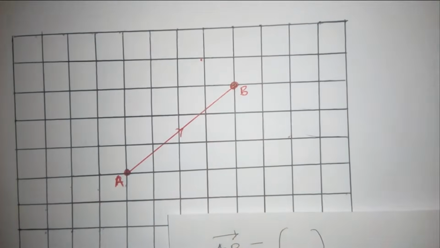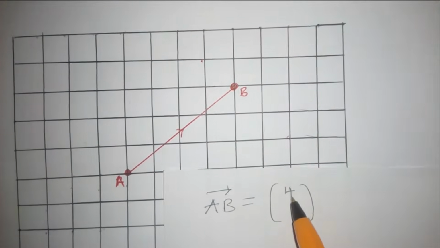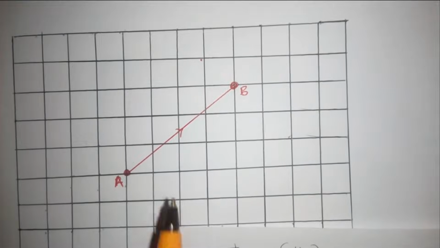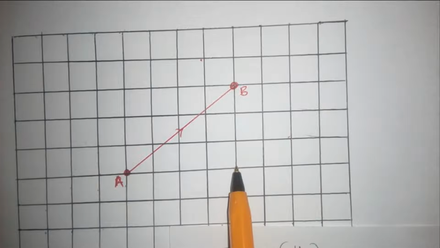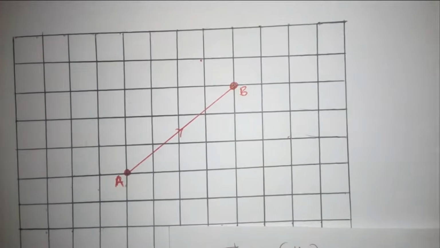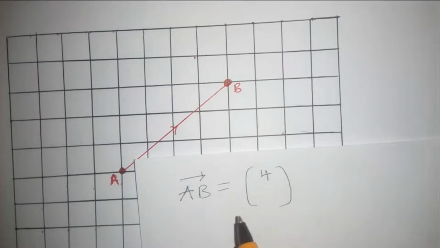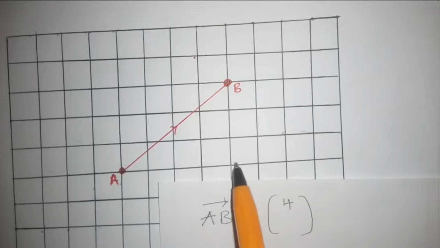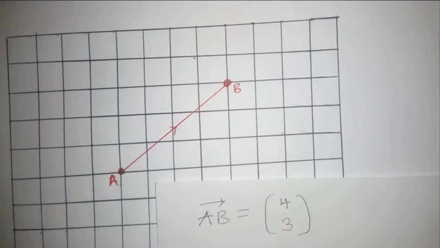You write your 4 on top, under the x-axis. Then you now start following that point upwards. It's still positive. So it's 0, 1, 2, 3. So it's 3 over here.